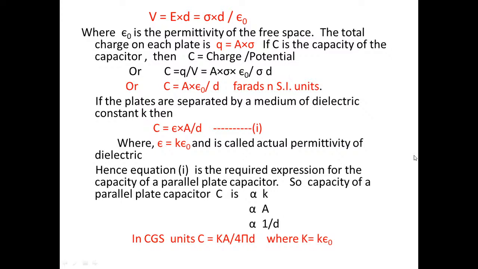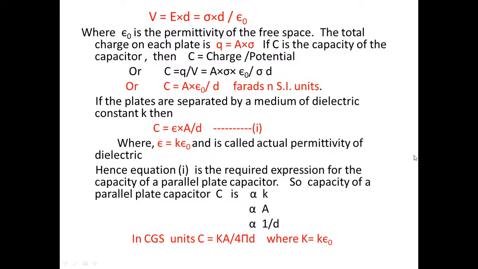If C is the capacity of the capacitor, then C is equal to charge upon potential. So C is equal to Q upon V, or it is equal to A sigma upon sigma D upon epsilon naught, or it will be equal to A epsilon naught upon D. Sigma cancels out.